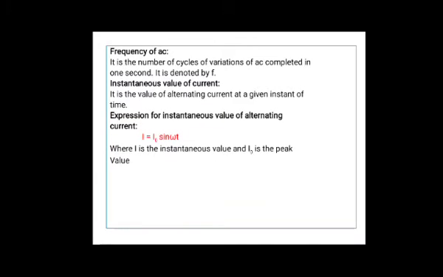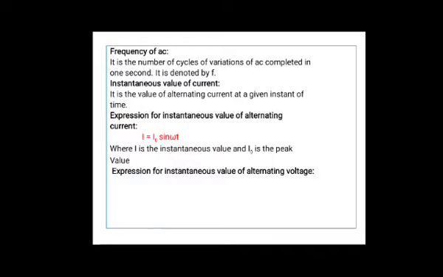Expression is I = I₀ sin ωt, where I is instantaneous value, I₀ is peak value of alternating current, or you can say maximum value of alternating current, and ω is angular frequency.